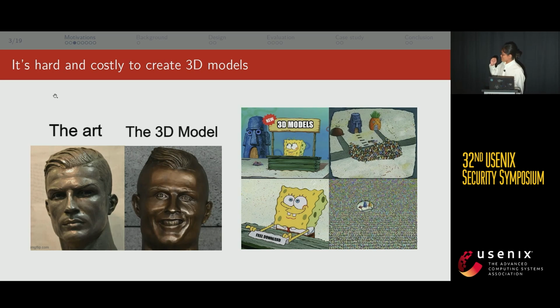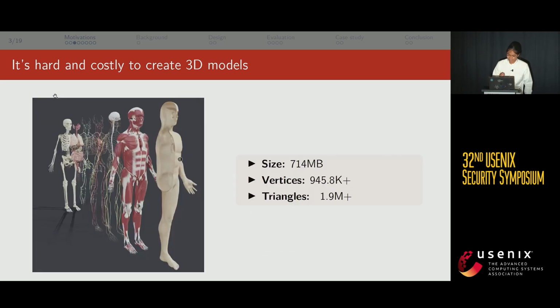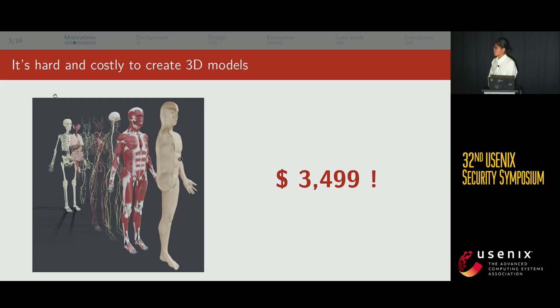So if you put a free download badge on your models, far more people will download them. And if you don't believe that, let's look at this 3D model. It's a human body model, and it contains over 900,000 vertices and nearly 2 million triangles. And this model costs over $3,000.